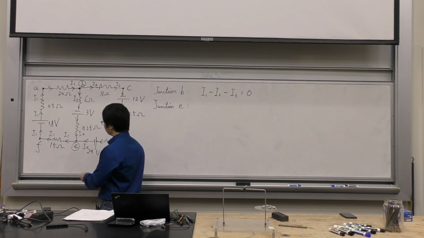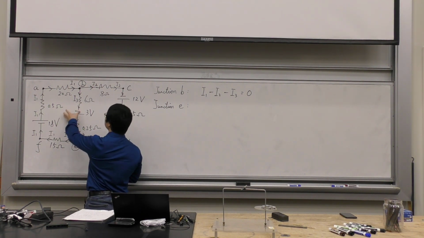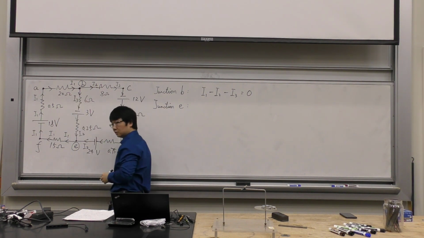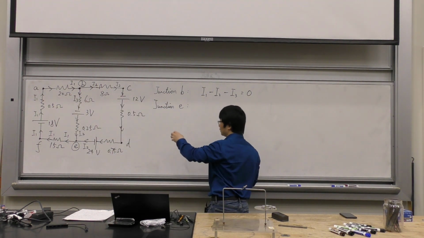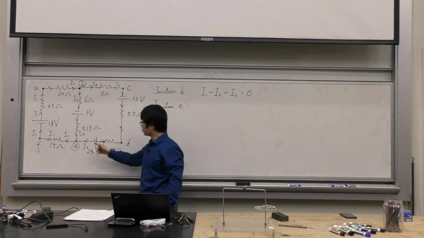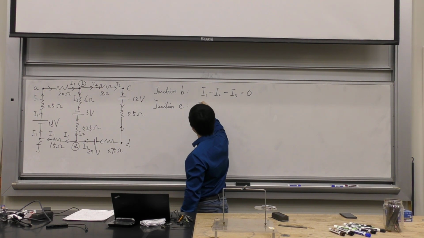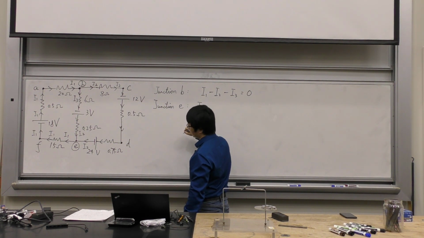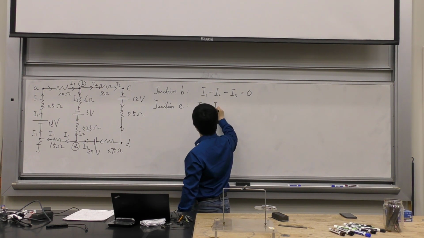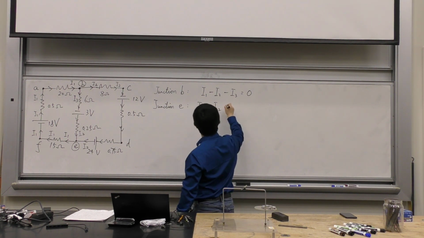Now you see that the 3 currents at junction E are going to be the same 3 currents I used for junction B. But now I still want to set up an equation for that. So let's see, if I set up a junction equation for this junction, what do I get? I will get I3 entering, I2 entering, and then I1 leaving.